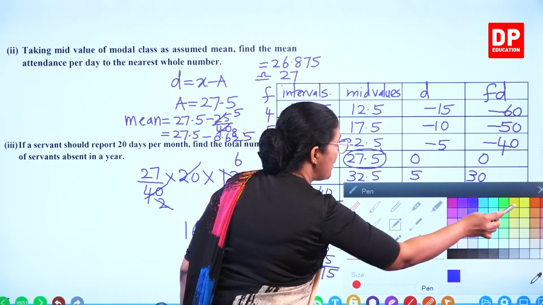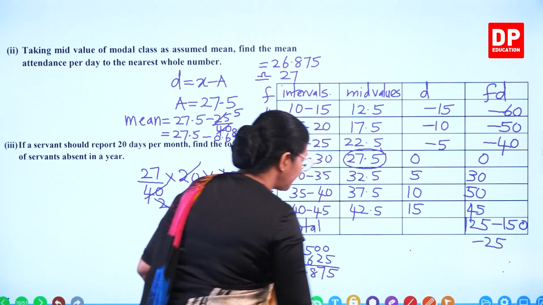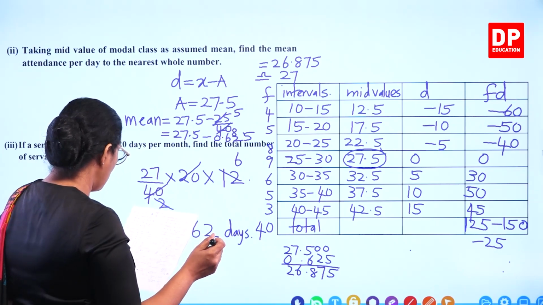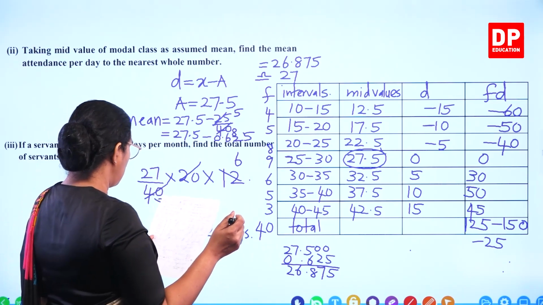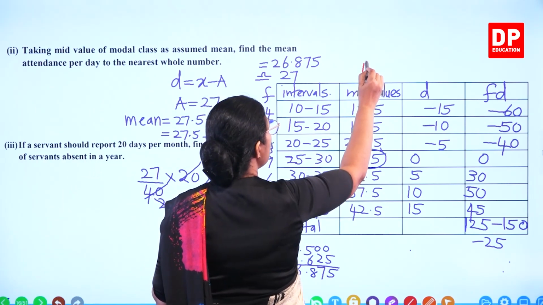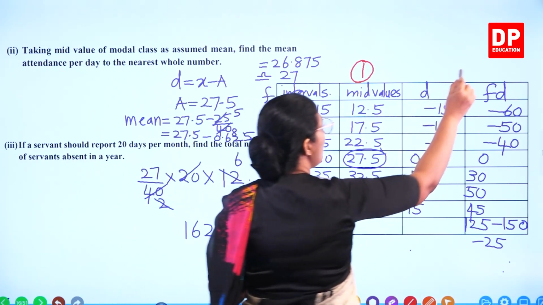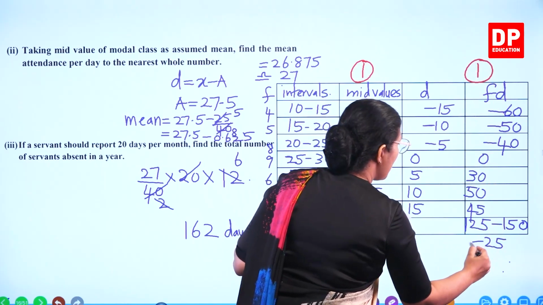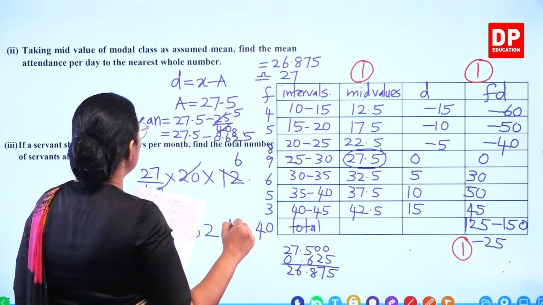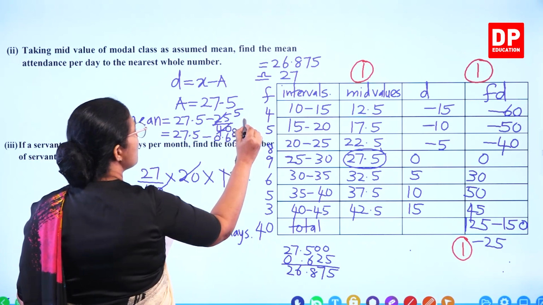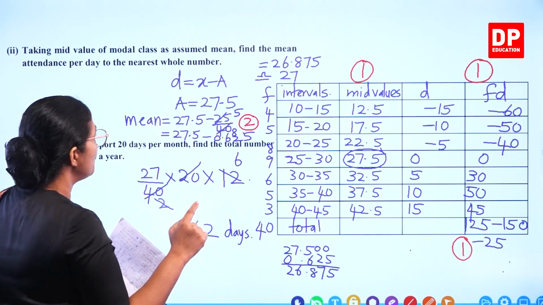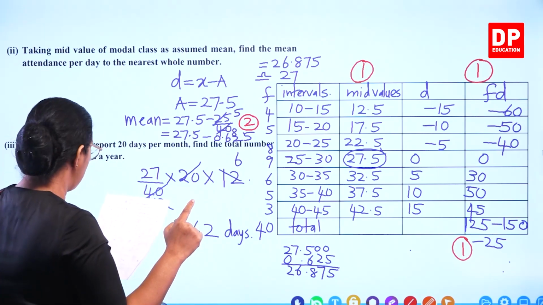So let's see how many marks for this part. According to this, let's give 1 mark for finding the mid value, and 1 mark here, and finding the total 1 mark. 1, 2, 3. Then using this equation and finding the mean value, 2 marks. 1, 2, 3, 4, 5.